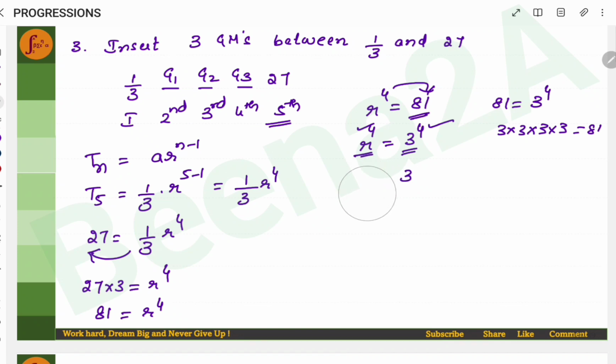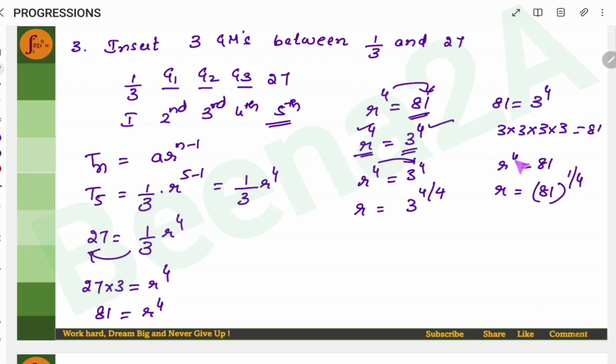Or what you could do is, r to the 4 is 81. I can write it as r is equal to 81 to the power 1 by 4. This 4 will become 1 by 4 when I shift it the other side.